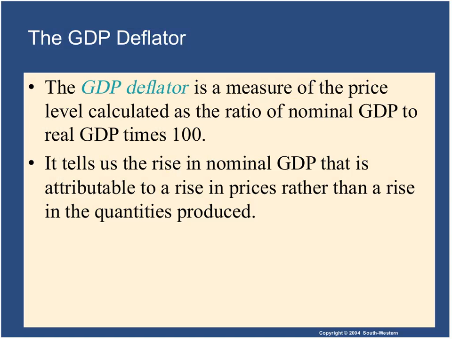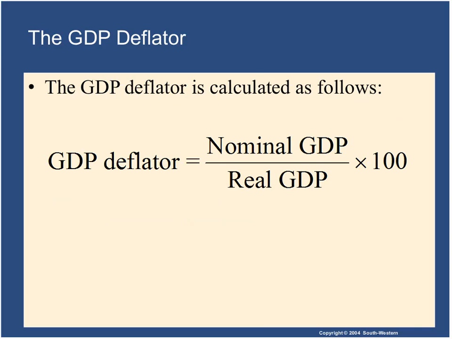As you can see here, our GDP calculated as real GDP is not based on a rise in prices, it's because of quantity. The GDP deflator is calculated as follows: nominal GDP over real GDP, multiplied by 100. This is the GDP deflator.